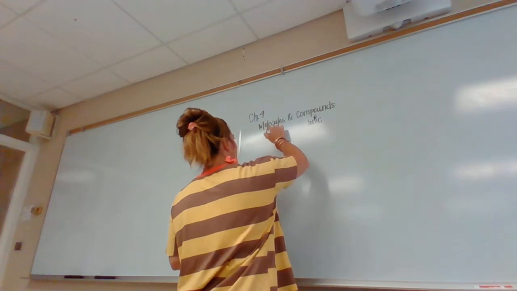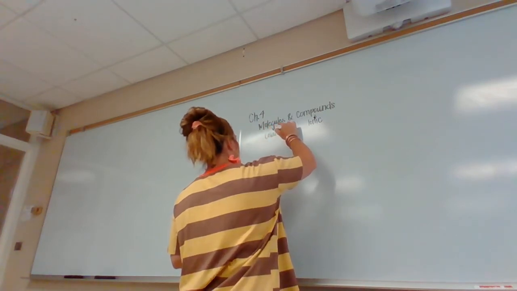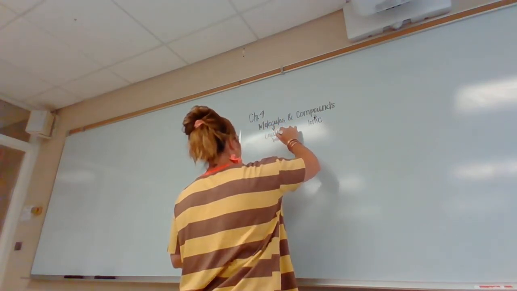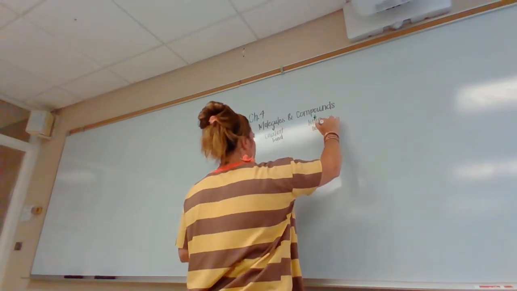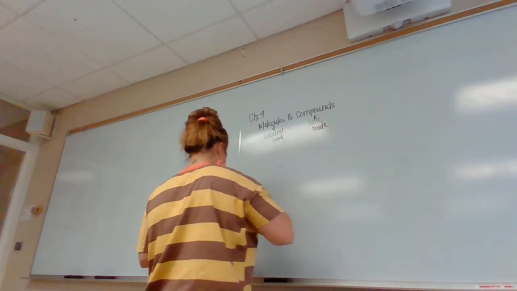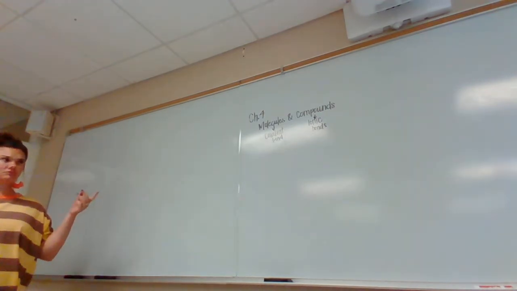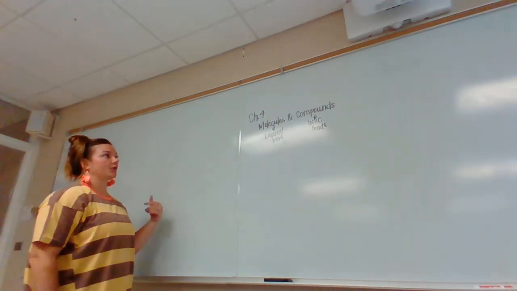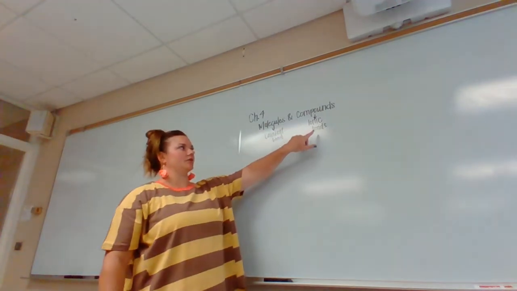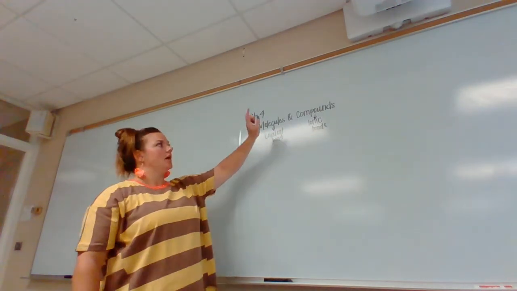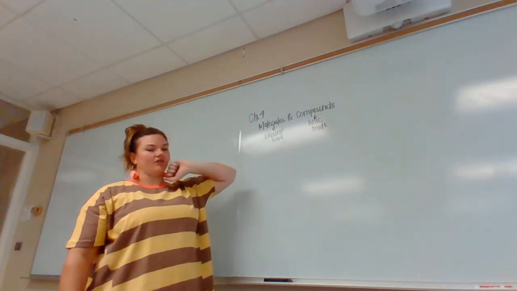The difference in these two words is based on what type of bonds are involved. So compounds are referring to ionic bonds. Molecules are referring to covalent bonds.